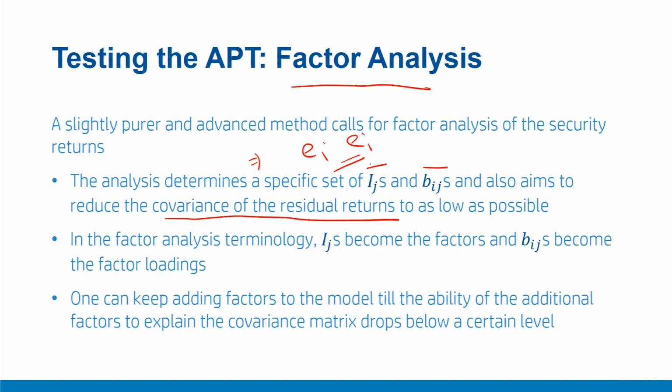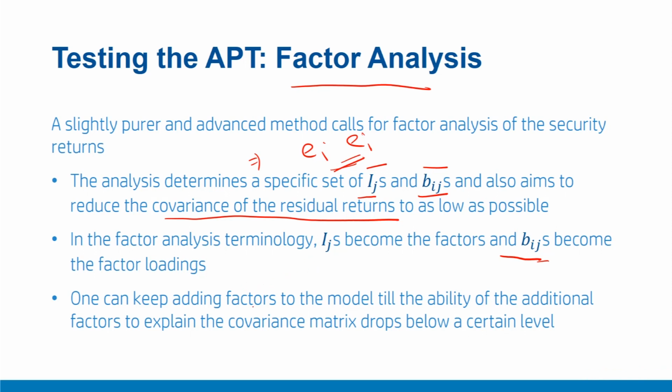The way factor analysis works here, it tries to minimize this correlation and generate a set of factors IJs and their factor loadings, which are also referred to as sensitivities BIJ. So these factor loadings are referred to as factor sensitivities.